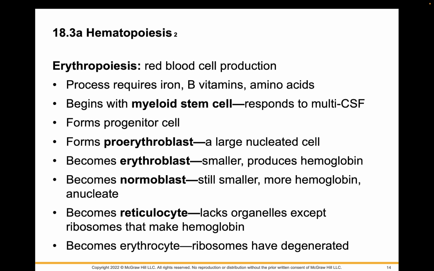When it comes to the production of red blood cells, I think it's important to know what are some other things that the body needs in the production of red blood cells. Examples will be iron, certain B vitamins, and amino acids. So all of those are necessary when we're talking about the formation of red blood cells.